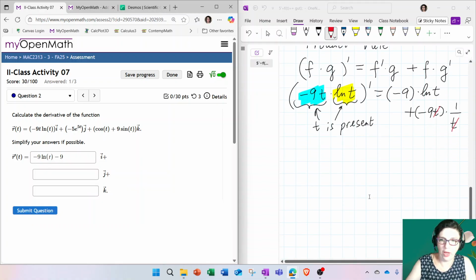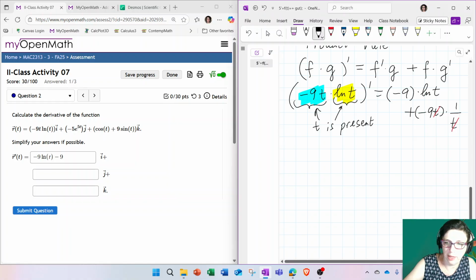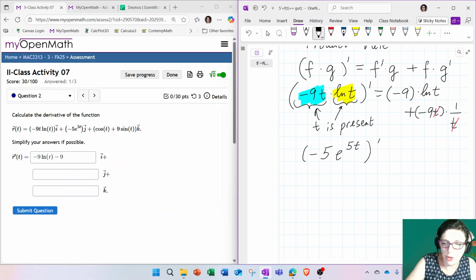It's going to go much faster, don't worry, with the second one. So here we go, negative 5 e to the power 5t. Even though here we do have a product, because you know the default operation is times, do I need the product rule? No, I do not, because this first part does not have the variable.